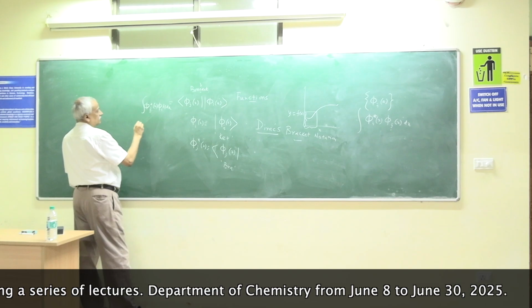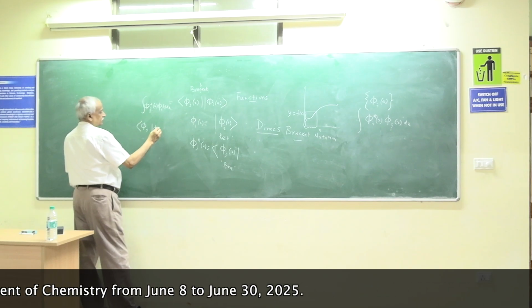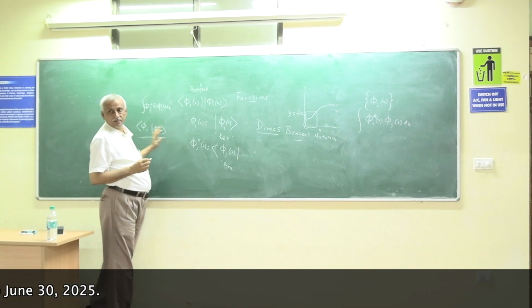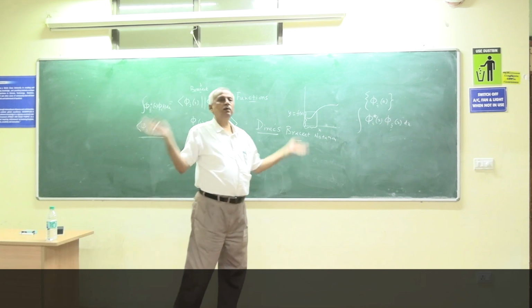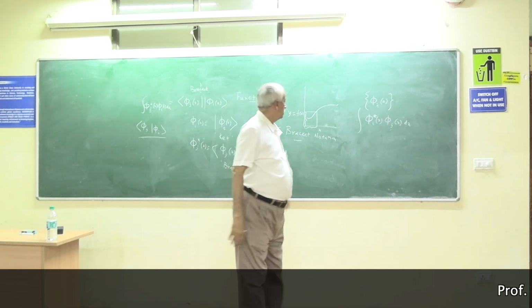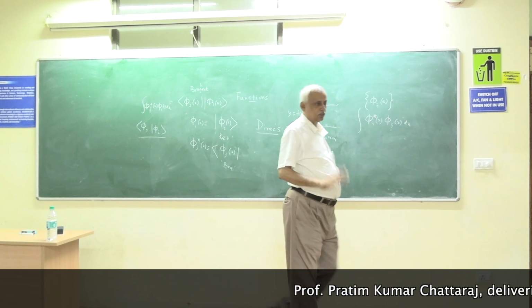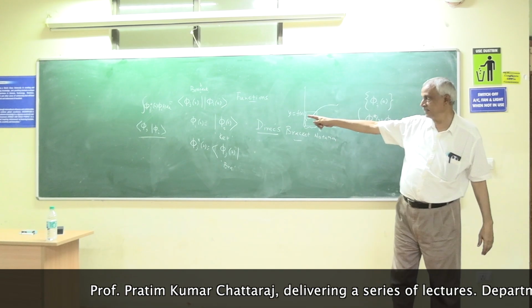So I write this simply as <phi_j|phi_i>. This is your scalar product, written in the bracket notation. We will follow the bracket notation again and again in different contexts, because from now onwards I will try to avoid this integral business, as I don't want to write it again.